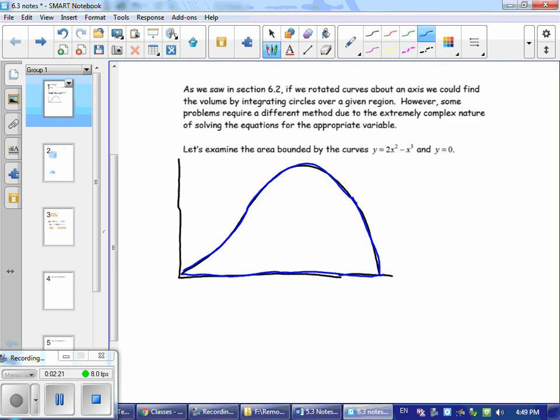That is the area that we're going to try and revolve and figure out what the volume would be. So if we were going to revolve this thing specifically around the y-axis, it's going to go around there somewhere, right?